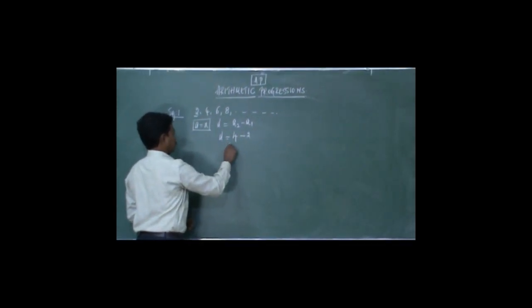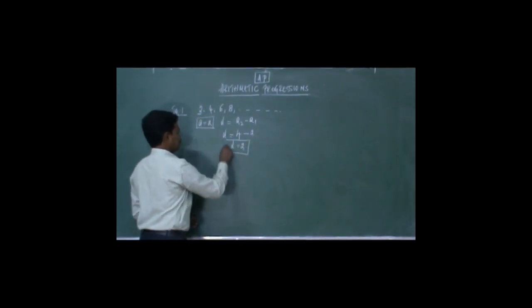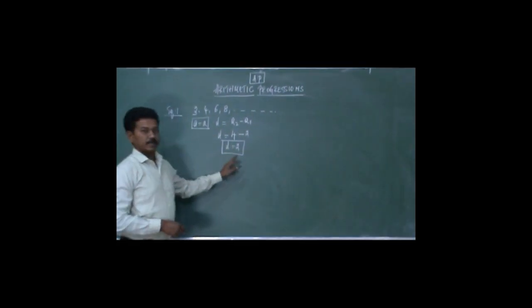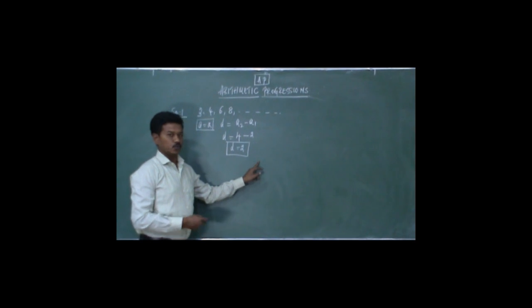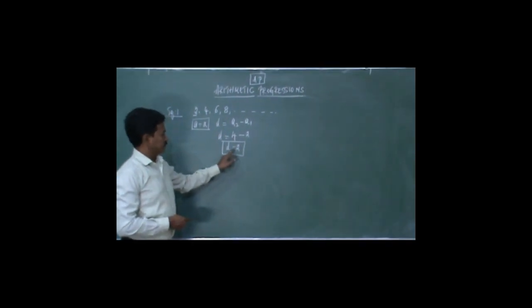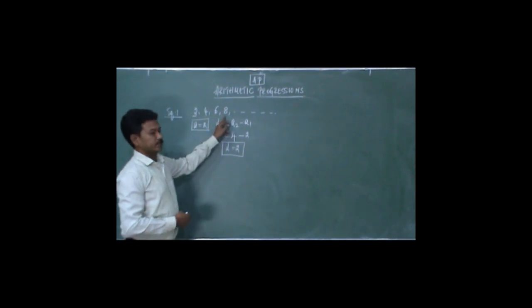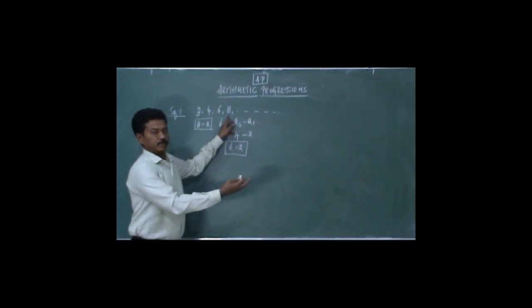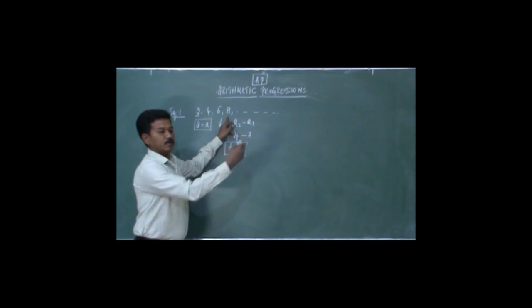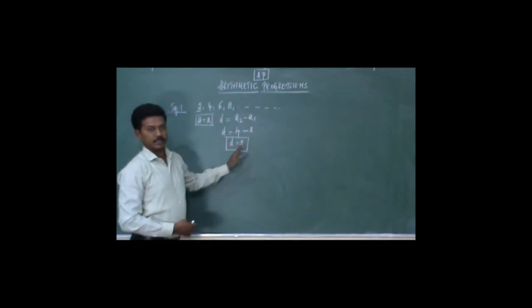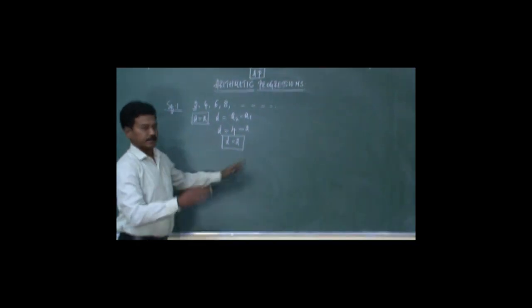Therefore D is equal to 2. So in this AP, the first term is 2 and the common difference is also 2. If the common difference is positive, then the terms of the arithmetic progression will be in ascending order. The terms go on increasing in value if D is positive.